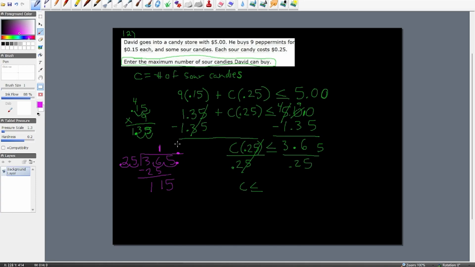So 25 goes into 115 4 times. 4 times 25 is 100. And then I can bring down a 0. 25 goes into 150. That'll be exactly 7 times. 7 times 25 will be 150. So it's 14.7.